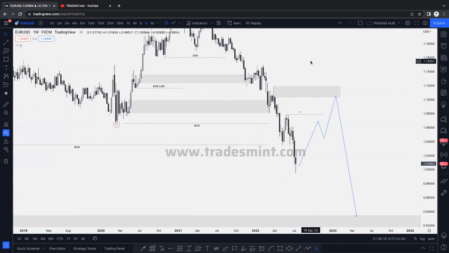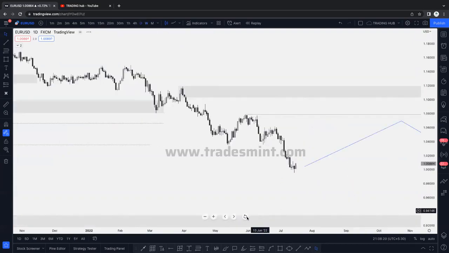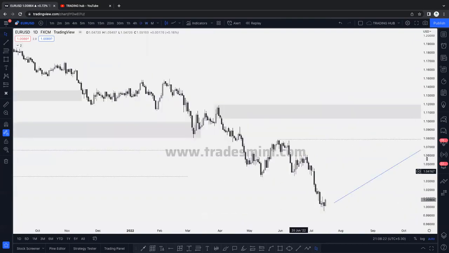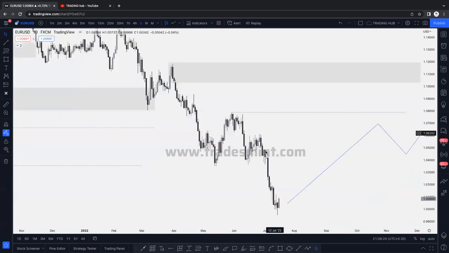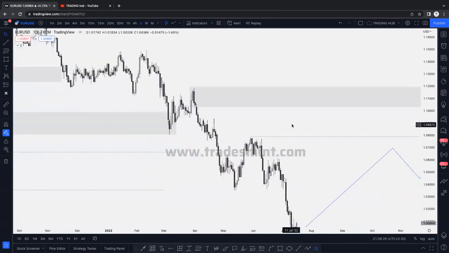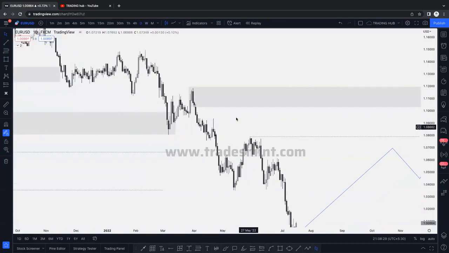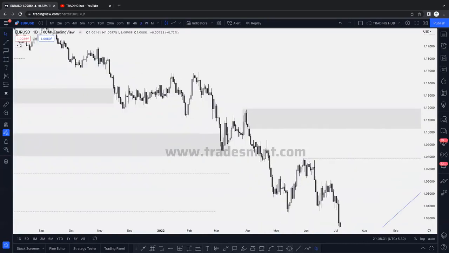Now let's switch into the daily chart. In a daily perspective, the market is also bearish and creating lower lows. You can see if I mark here the most recent high or low, which is here.